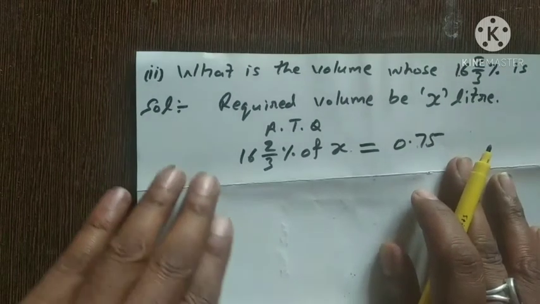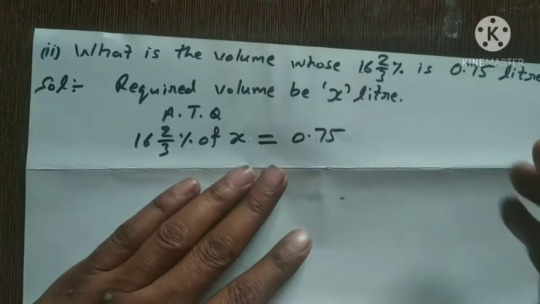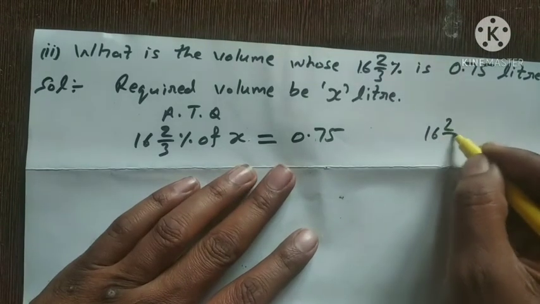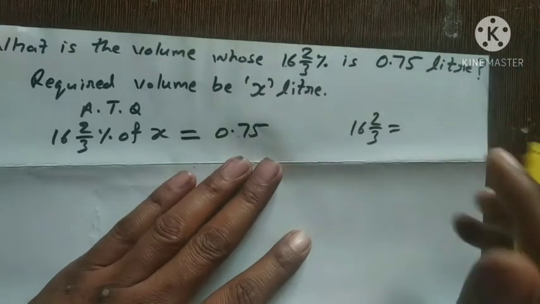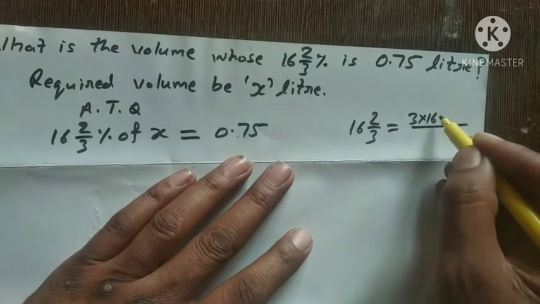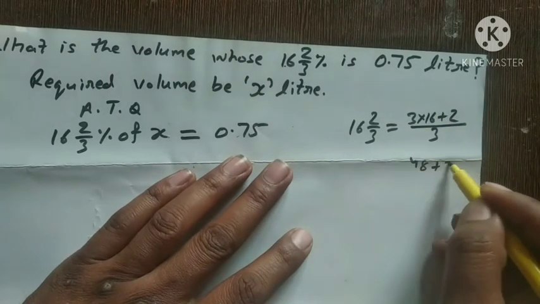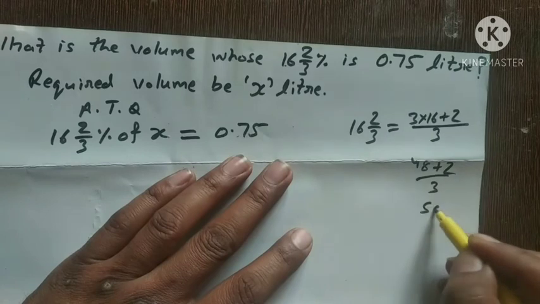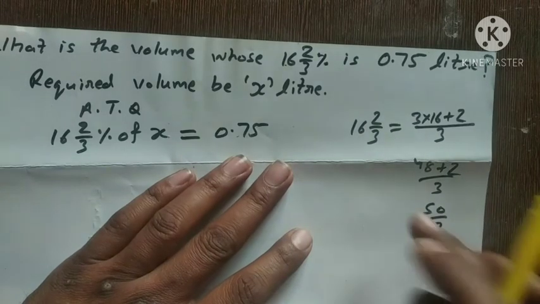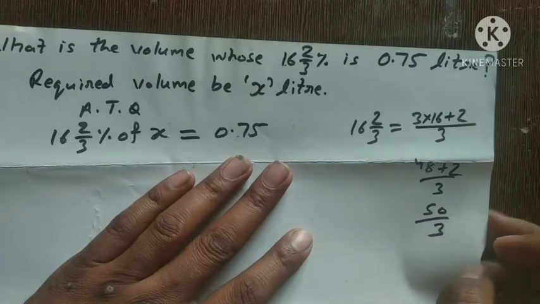Right? Now we can convert 16 and 2 by 3, that is a mixed fraction, to the improper fraction. So you see how. 3 multiply 16 plus 2 over 3. So this is 48 plus 2 over 3. It means 50 by 3. So in place of 16 and 2 by 3, we can write 50 over 3.